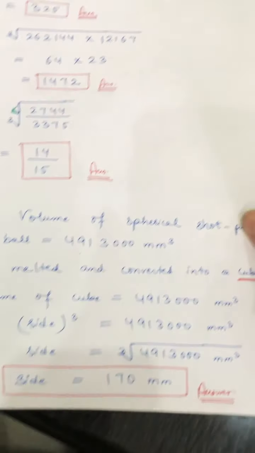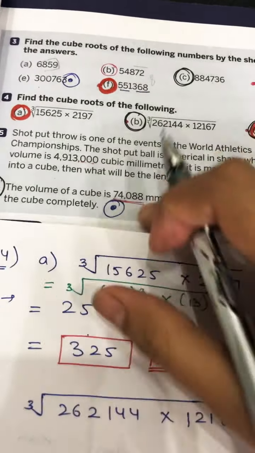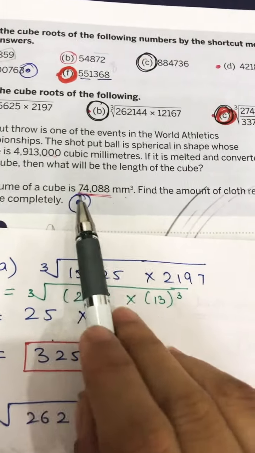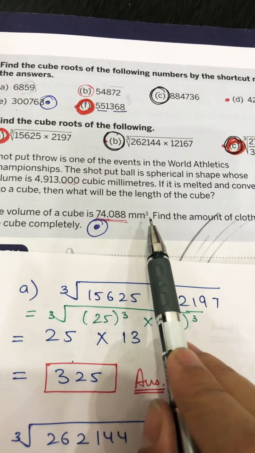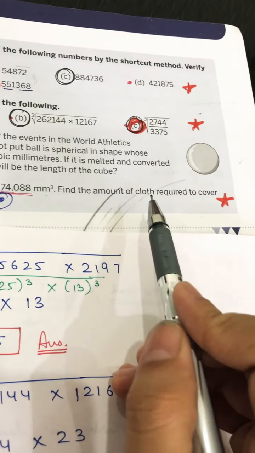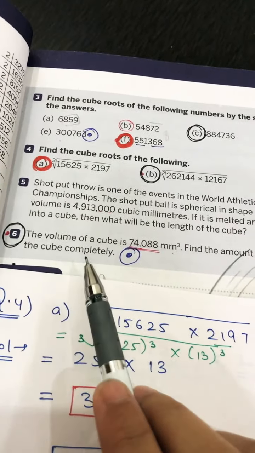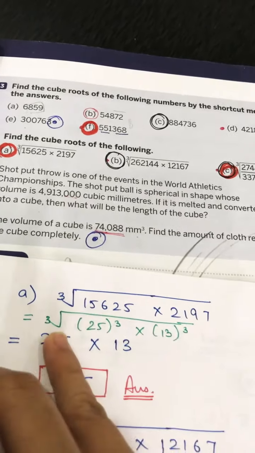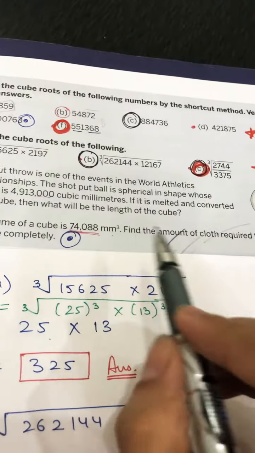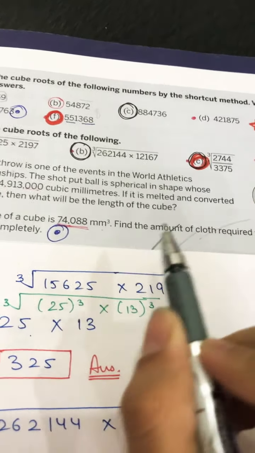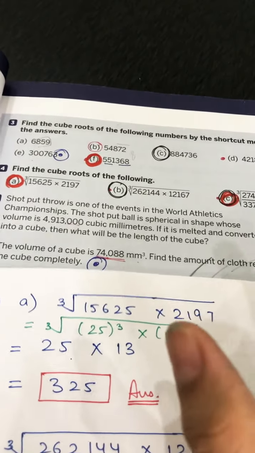Now we are going to start question number 6. The volume of a cube is 74088 millimeter cube. Find the amount of cloth required to cover the cube completely. The volume of the cube is given, and you have to find the amount of cloth required to wrap that cube.